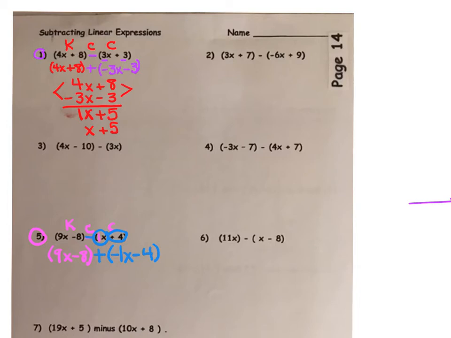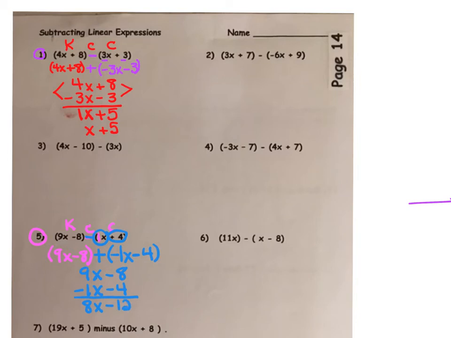Now we're ready to stack and combine. We have 9x minus 8 and negative 1x minus 4. Go ahead, take a moment and combine these. You should have gotten 8x minus 12.